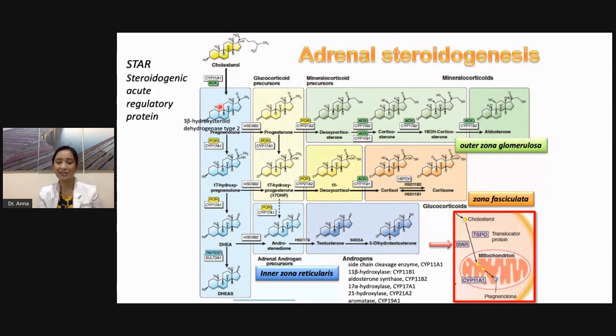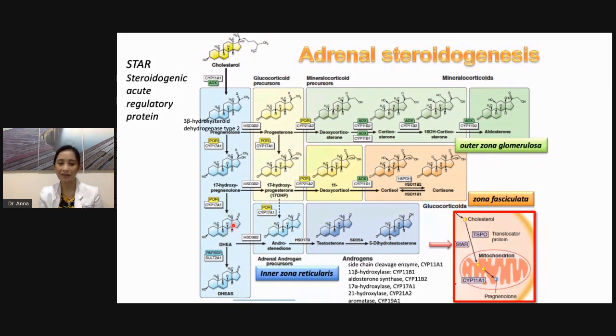So that's the second rate limiting step in adrenal steroidogenesis. The reaction facilitated by your cholesterol desmolase, the enzyme that catalyzes the conversion of your cholesterol to your pregnenolone.